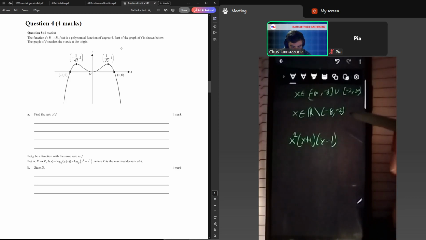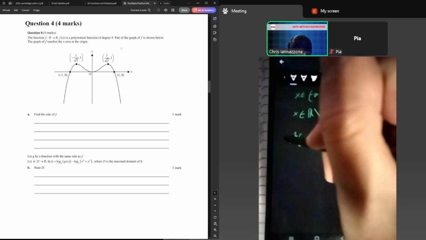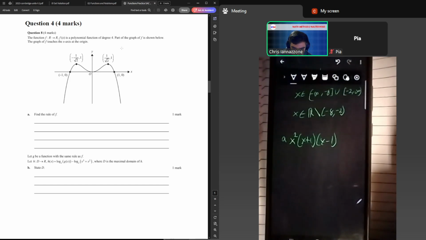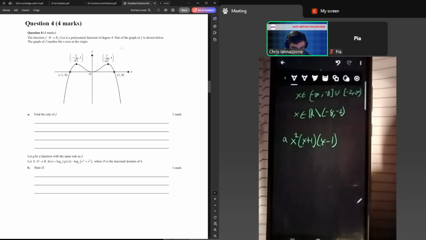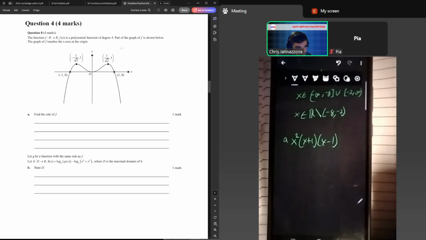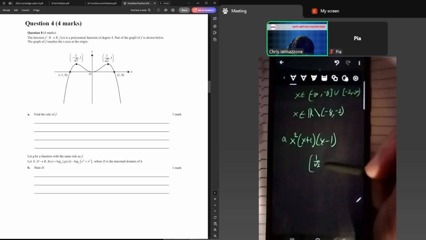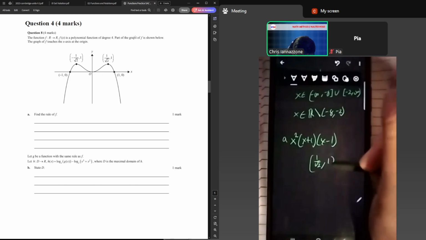That's almost everything. The last thing to consider is anytime you do these families of functions, there's always a coefficient of a at the front. And so you have to figure out what that coefficient of a is, usually by subbing in a known point. And one of those known points is 1 over root 2, comma 1.